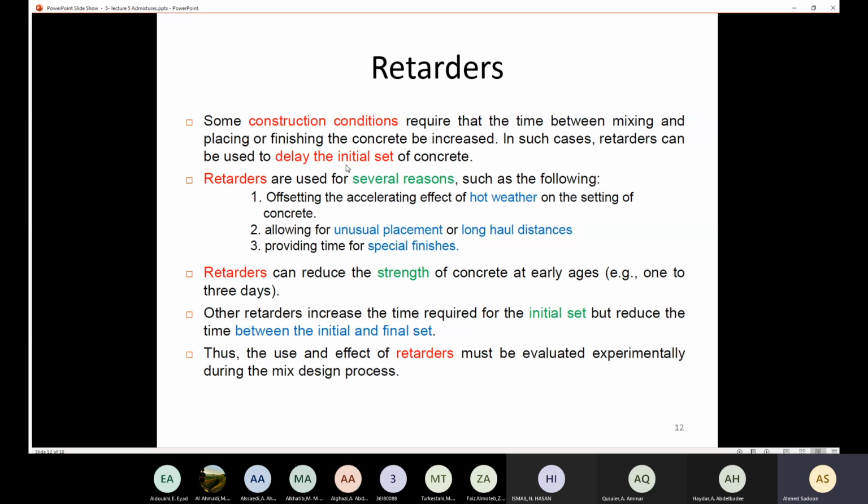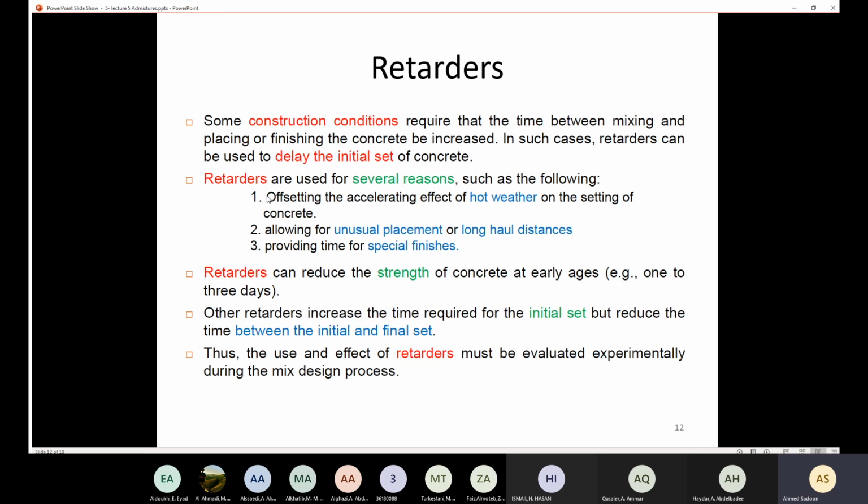In the previous lectures, we explained the idea of the initial set and the final set. And we even had a lab talk about how to determine the initial set and the final set of the concrete. So retarders are used for several reasons, such as the following.